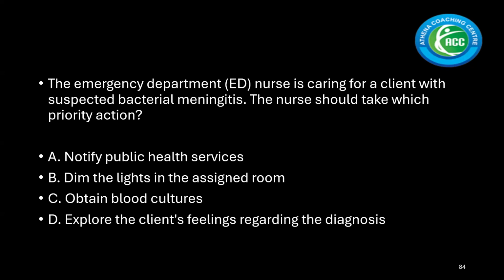The patient is a suspected bacterial meningitis case, not sure. So what to do? Final diagnosis has not come. So priority എന്ത് ചെയ്യണം? Notify public health service, dim the light, obtain blood culture, explore the client's feeling regarding the diagnosis. What need to be?